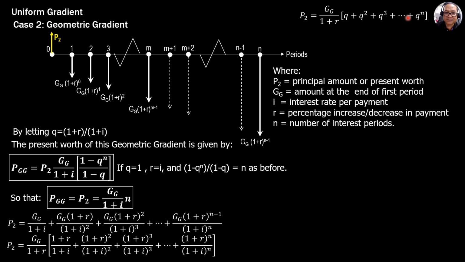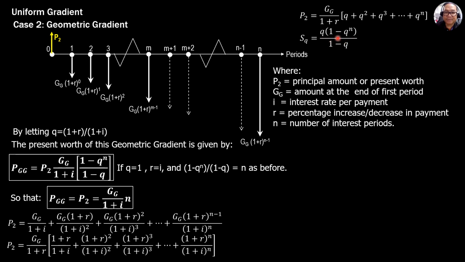These terms are in geometric progression with common ratio Q, and the sum of this geometric progression is equal to the first term Q, times quantity 1 minus Q to the n, because the common ratio is Q, all over 1 minus Q.